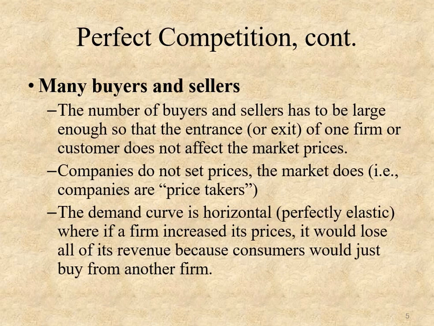Companies do not set prices, the market does. The companies are price takers. The demand curve is horizontal, perfectly elastic, where if a firm increases its prices, it would lose all of its revenue because consumers would just buy from another firm.